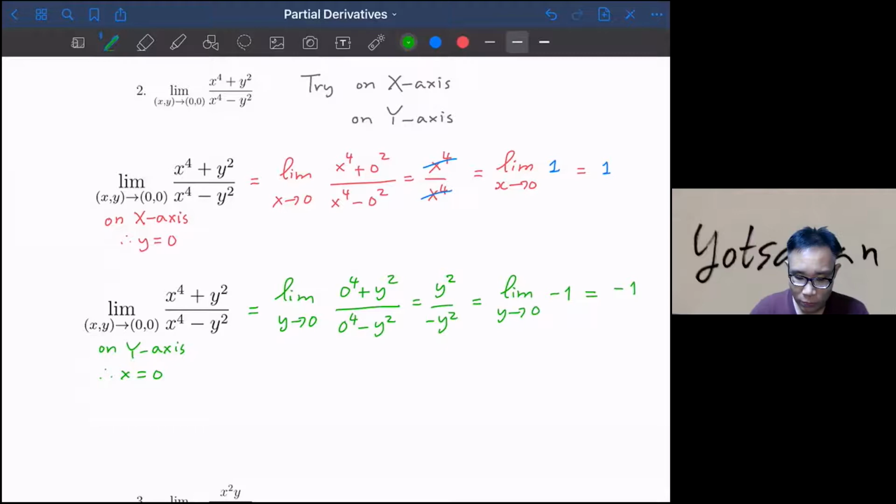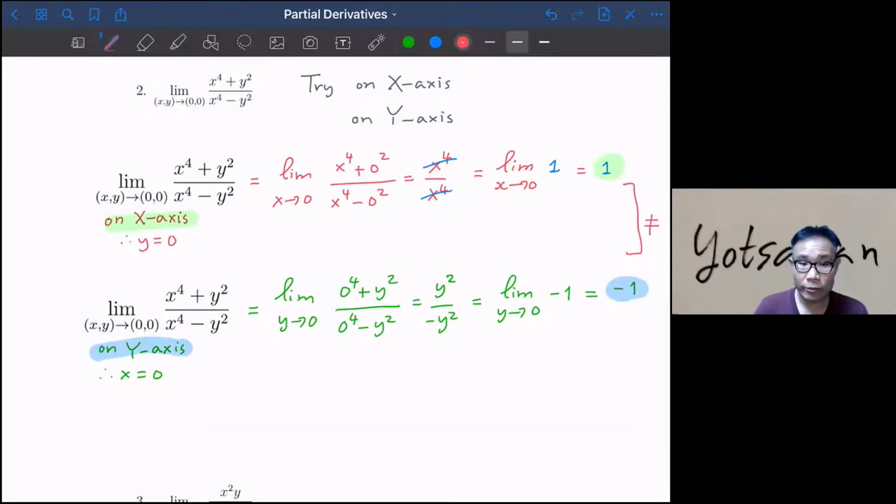Okay, so you see that the limit along C1 is equal to 1 and the limit along C2 is equal to -1, and they are different.